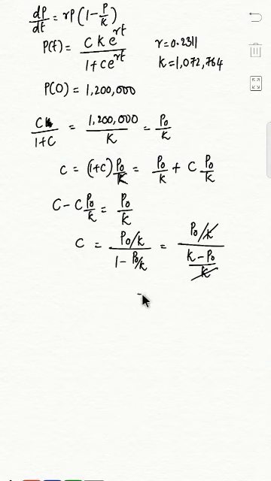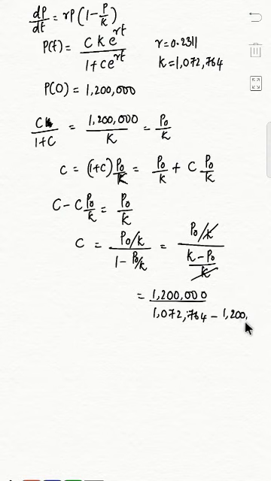So P naught is 1.2 million, K is 1,072,764, minus P naught, which is 1.2 million.